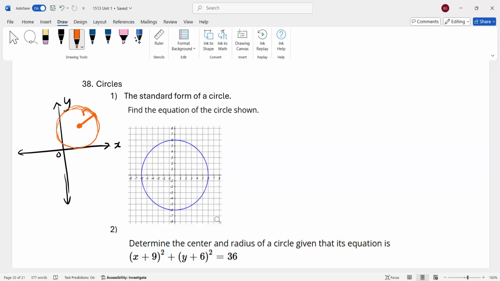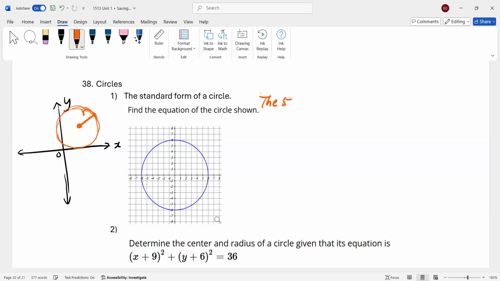The equation of a circle has 2 forms, okay? The first form is called standard form. The standard form of a circle, let me write it down.